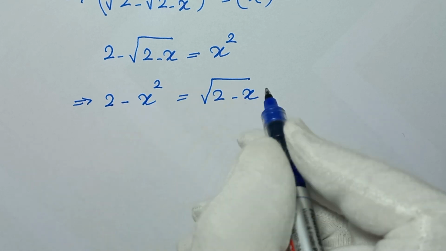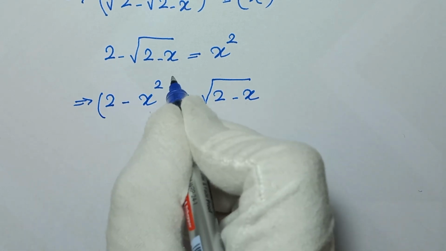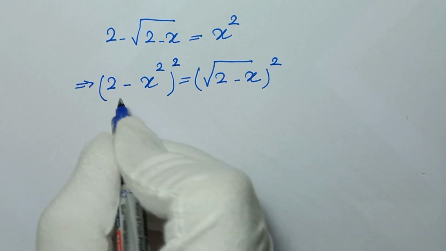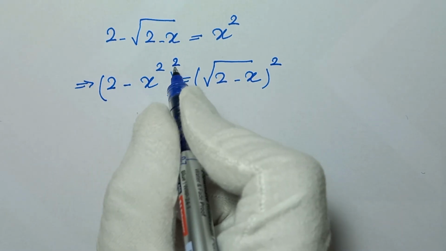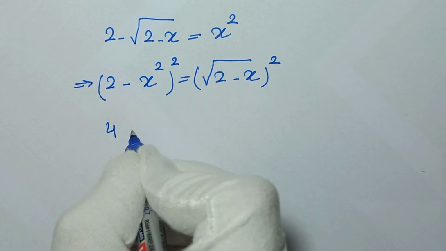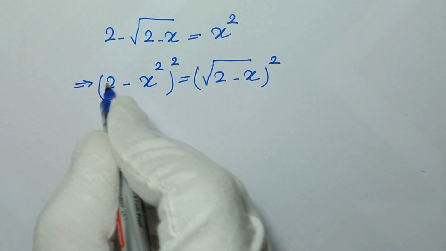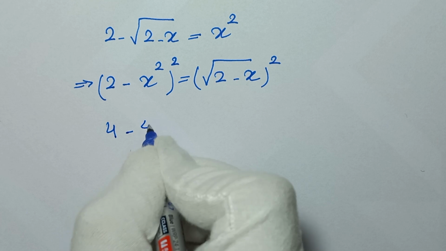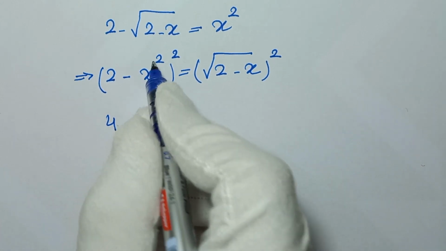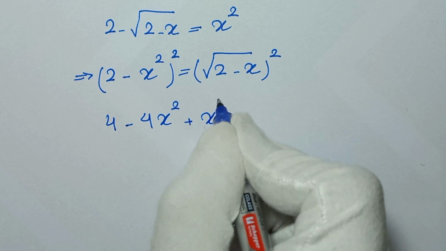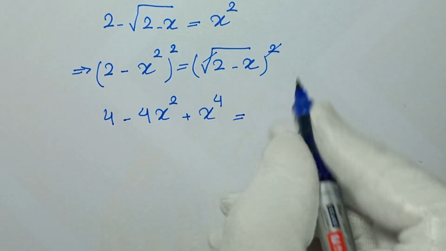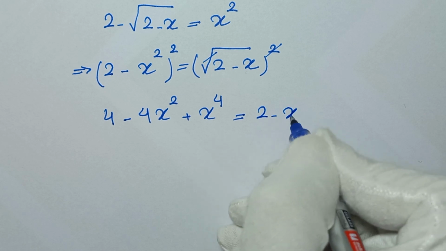Here we square both sides of the equation. 2 minus x squared, to the power of 2, will be 4, since 2 to the power of 2 is 4, minus 2 times 2 times x squared, which is 4x squared, plus x squared to the power of 2, which is x to the power of 4, is equal to, and here the 2 cancels the square root, so it will be 2 minus x.